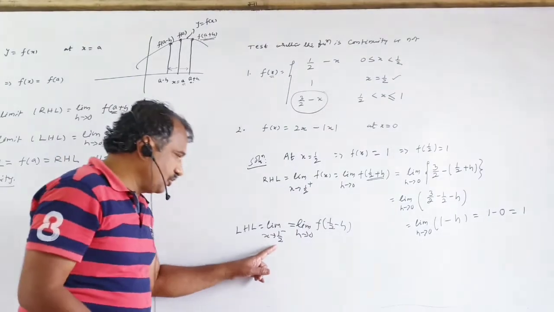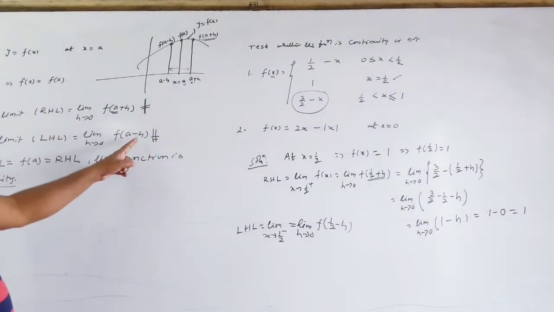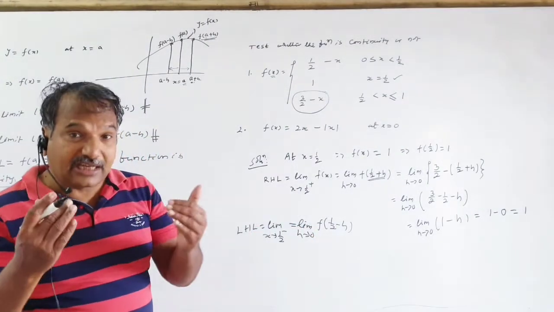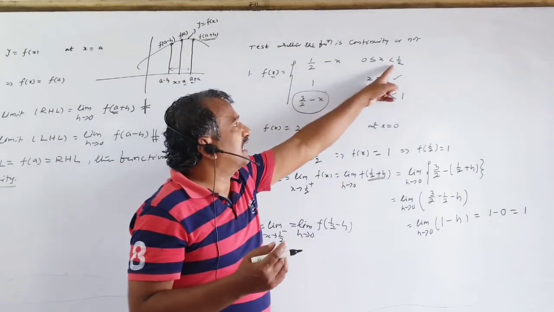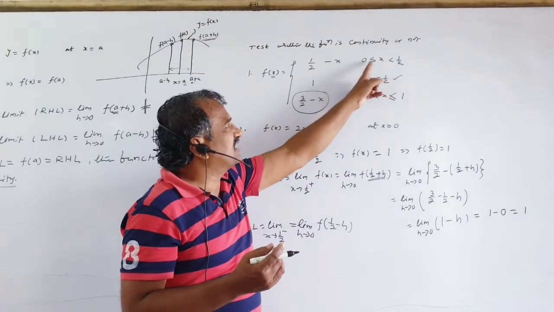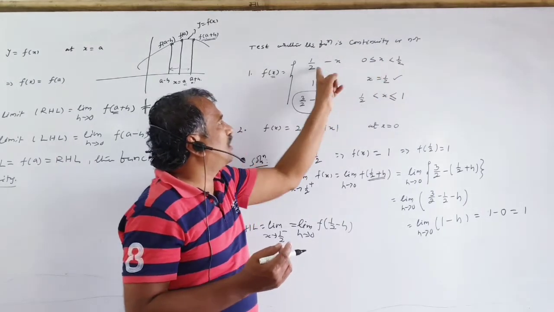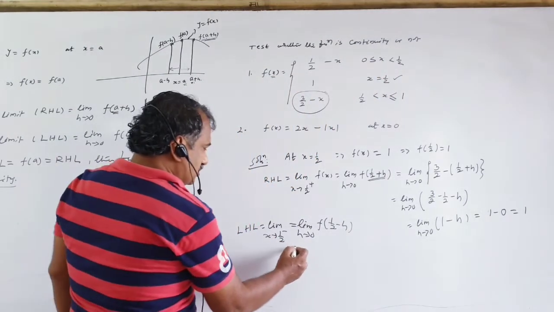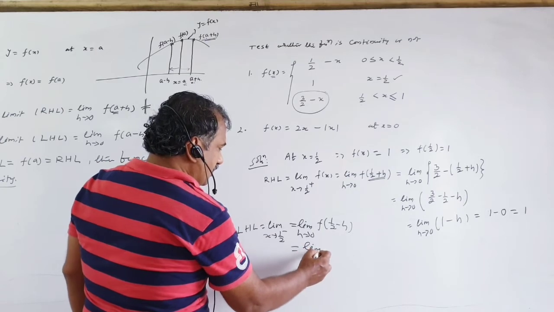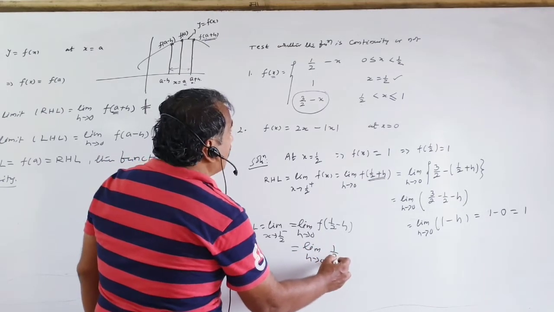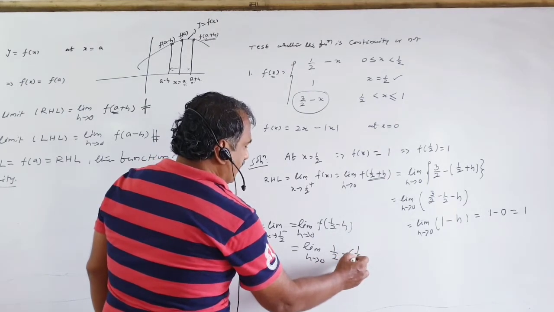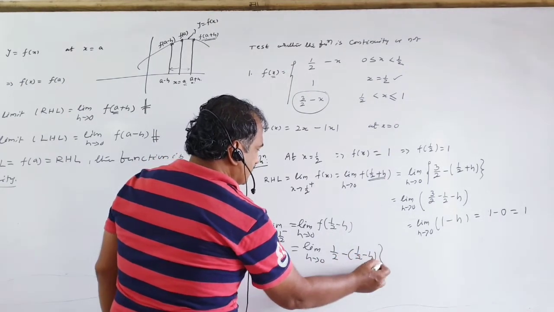Here a equal to 1 by 2, 1 by 2 minus x. That means less than half. Less than half means the first one exists. Here see x is greater than 0 but less than half. So this one. Okay. So this part equal to limit x tends to 0 of 1 by 2 minus 1 by 2 minus x.